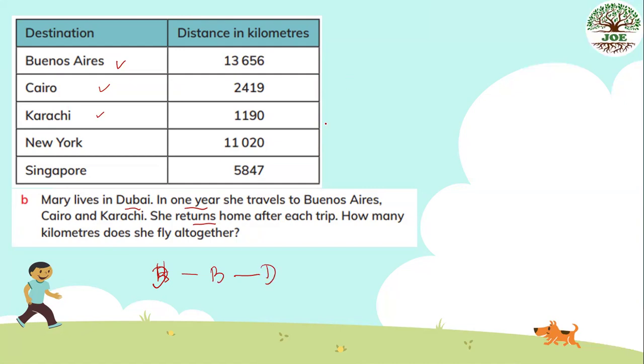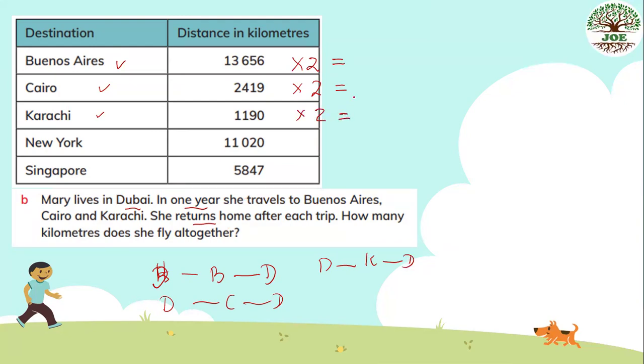So the distance for 1 year is double of this distance. We have to times 2. And for Cairo, Dubai to Cairo, and Cairo to Dubai again, it is also times 2 this distance. And from Dubai to Karachi and Karachi to Dubai, it is also twice of this distance.